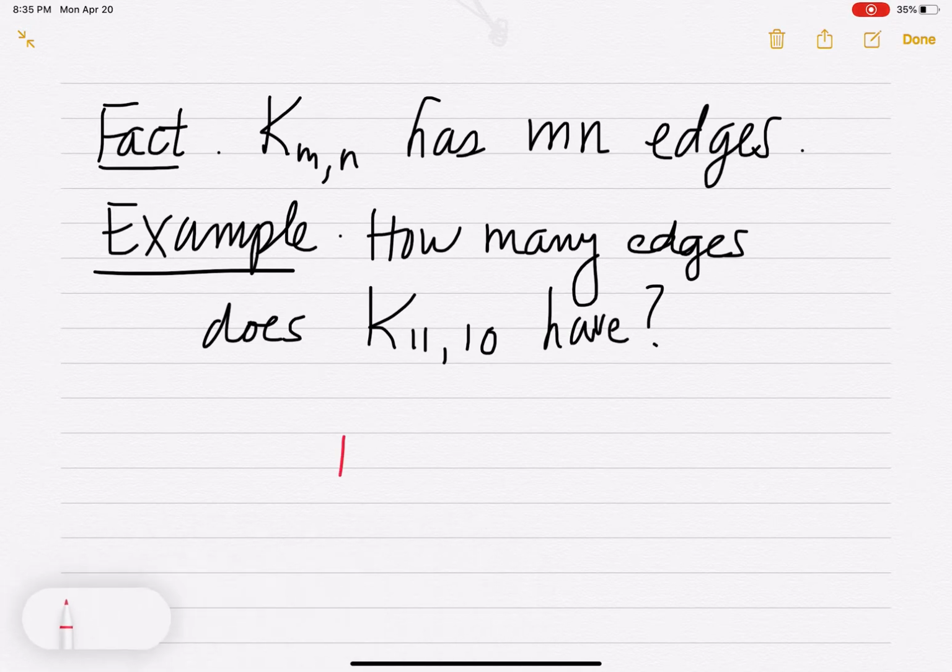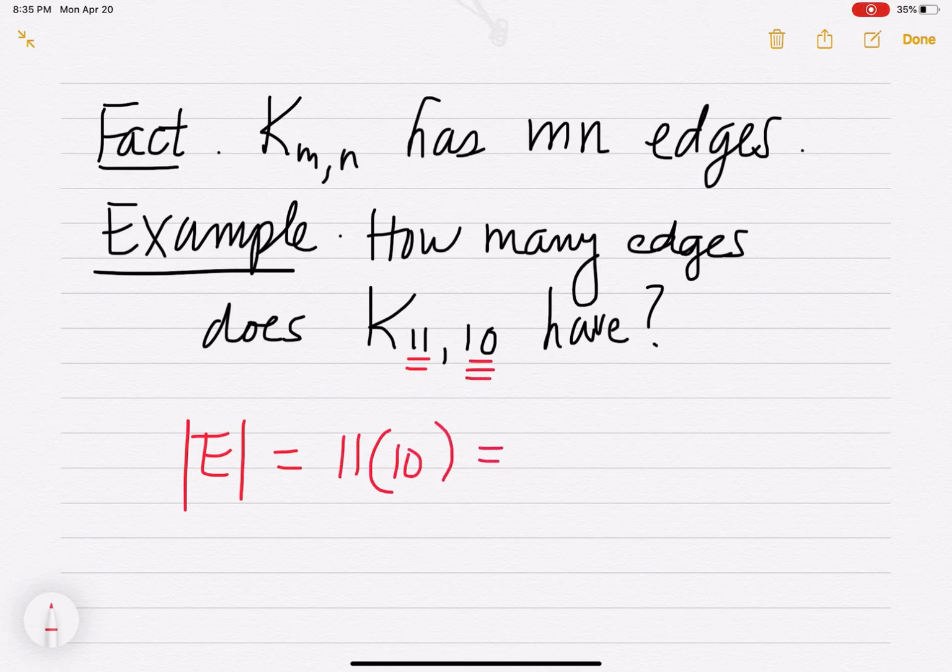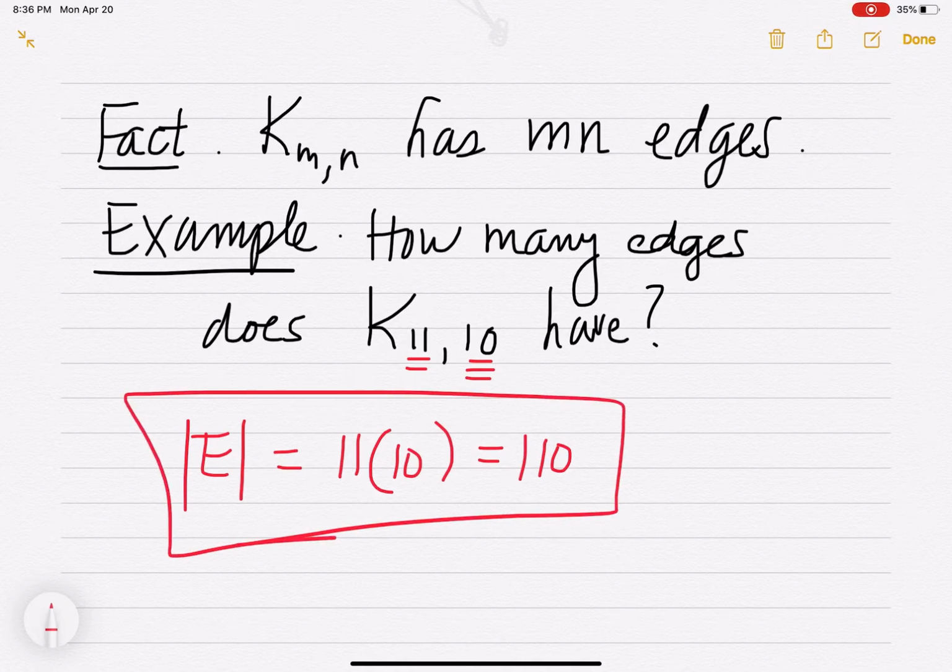Well, the number of edges will just be m, which is 11, times n, which is 10, which is 110. Number of edges is 110.